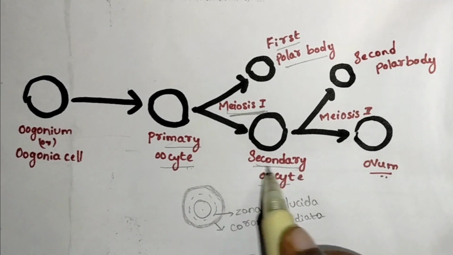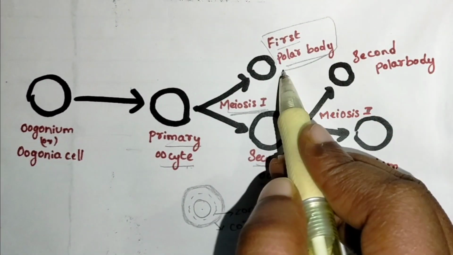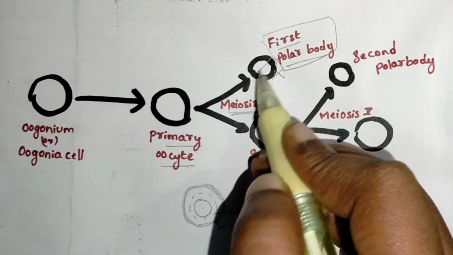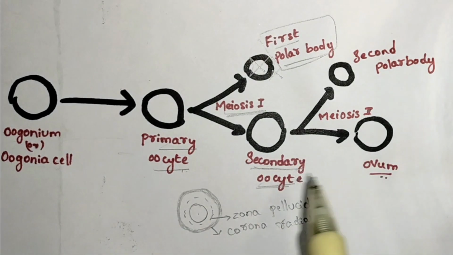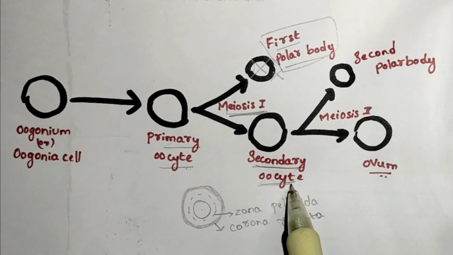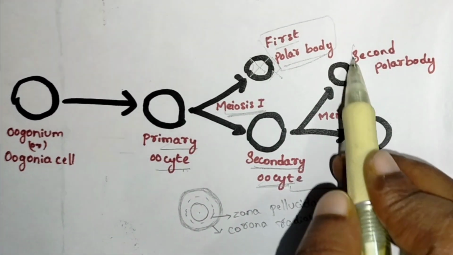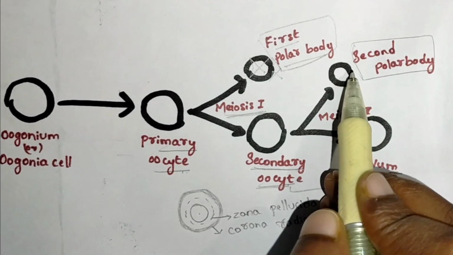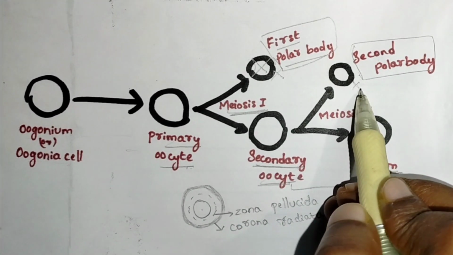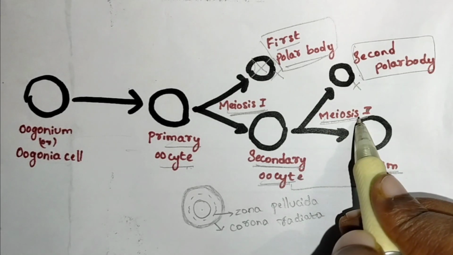And here this secondary oocyte is further divided, whereas this first polar body dies here. It's not going to divide further. And the third step is secondary oocyte is further divided into ovum and second polar body. This second polar body also dies here. And this division takes place by meiosis 2.